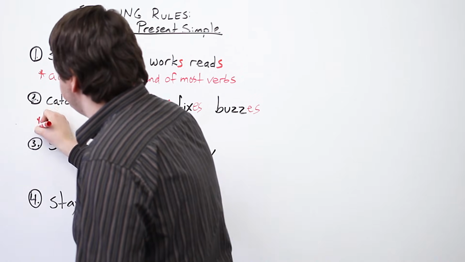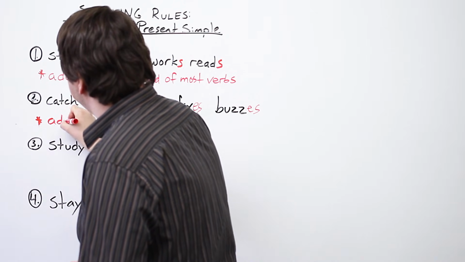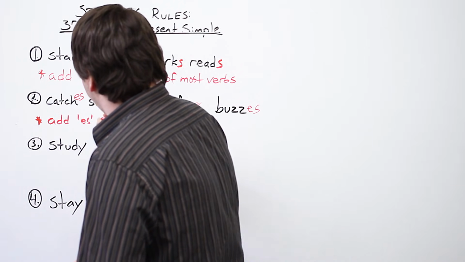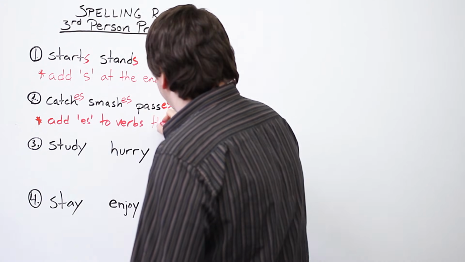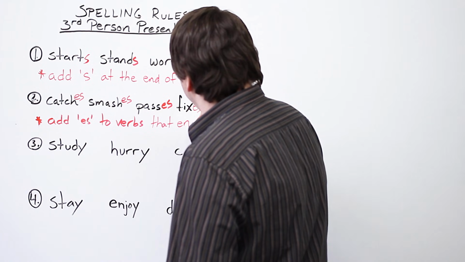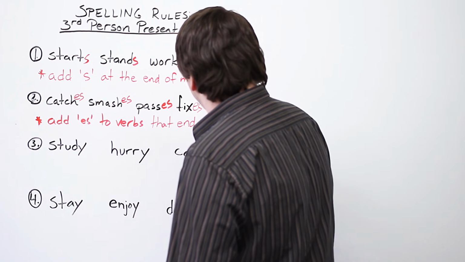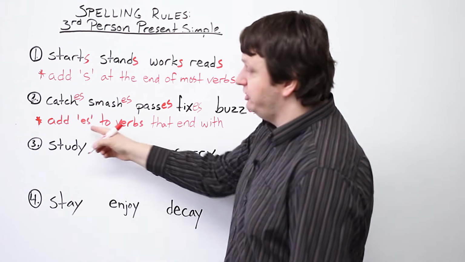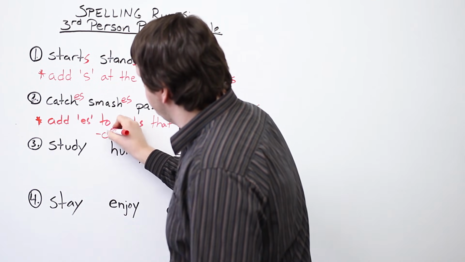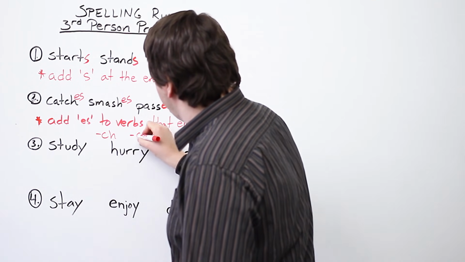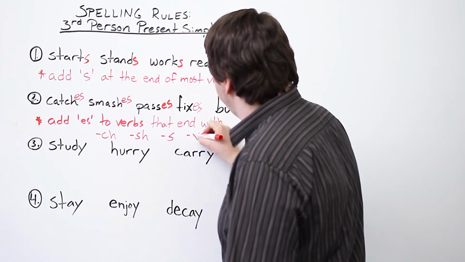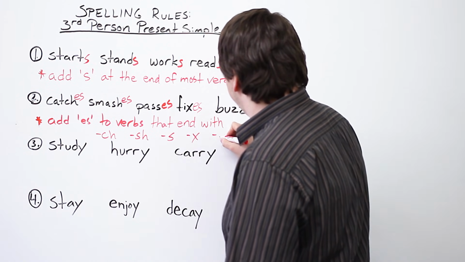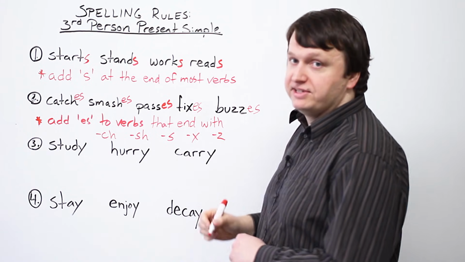So the rule is add ES to verbs that end with, and I'll put them here, ch, sh, s, x, or z.